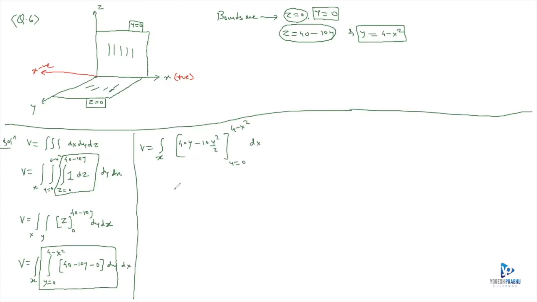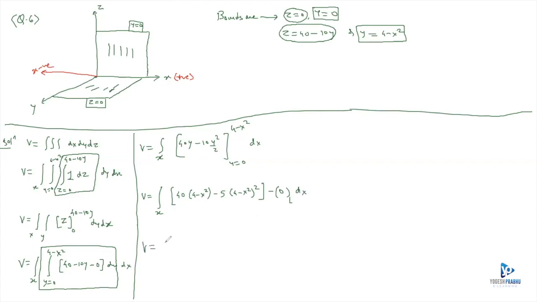Tell me, V equals 14 times (4 minus x squared), minus 10, no, it's 5, times (4 minus x squared) the whole square, minus 0 minus 0. It's all 0.